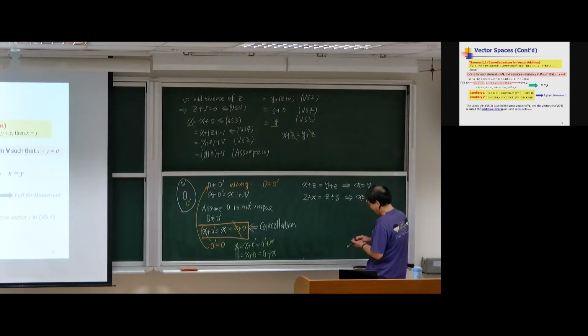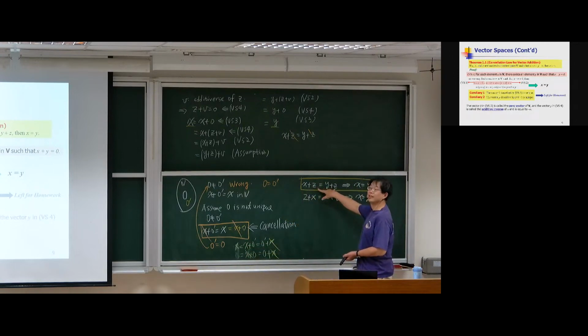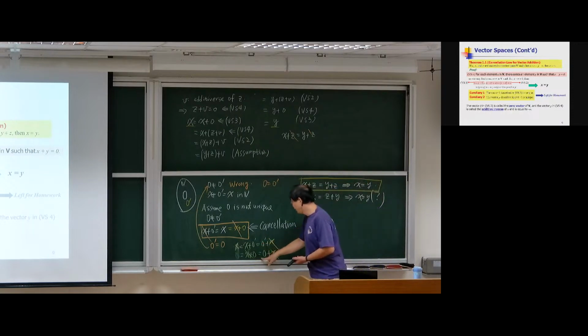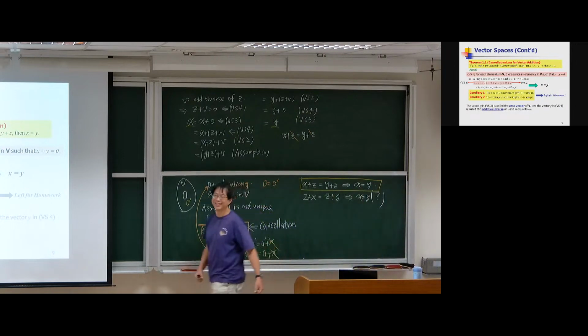Then, by cancellation law, I can cancel x here. Z is here, not here. So then 0 equals 0 prime. Okay, so that's why I don't like mathematics.